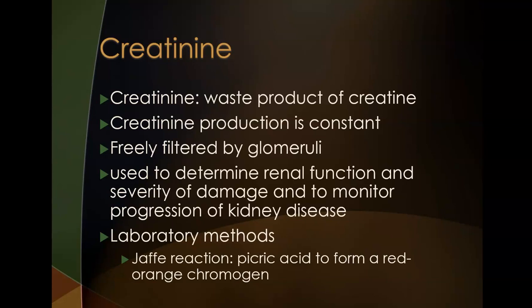It doesn't fluctuate within 24 hours. It's steady throughout the day. It is also freely filtered by the glomeruli. There's no reabsorption. This is why it's used to determine renal function and the severity of damage and to monitor progression of kidney disease, and it's often ordered with a blood urea nitrogen.